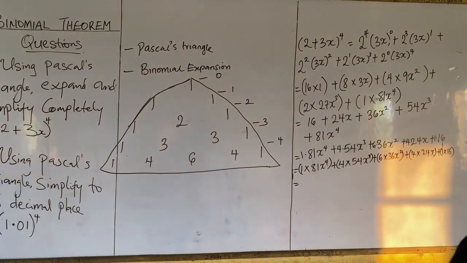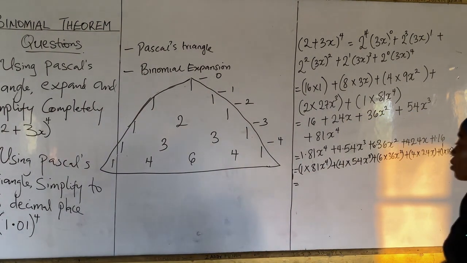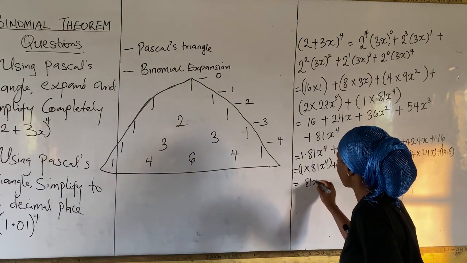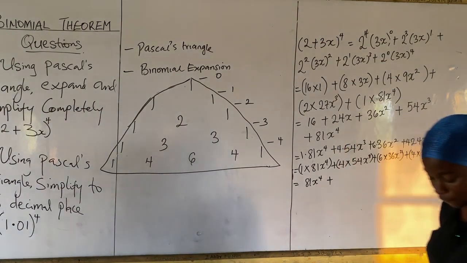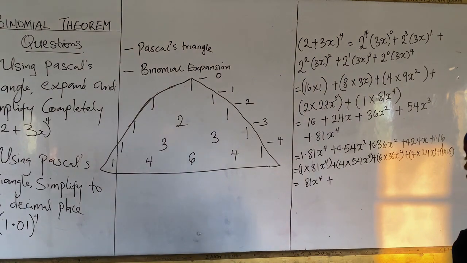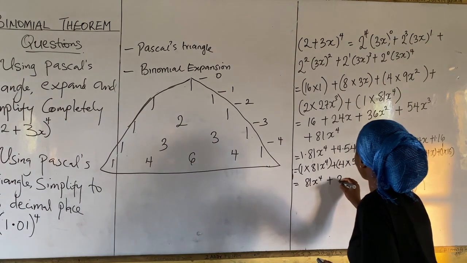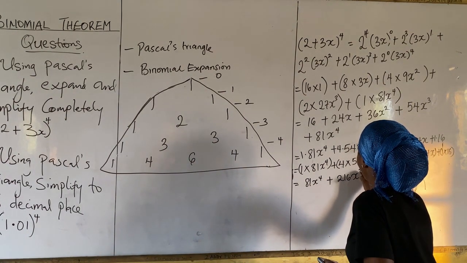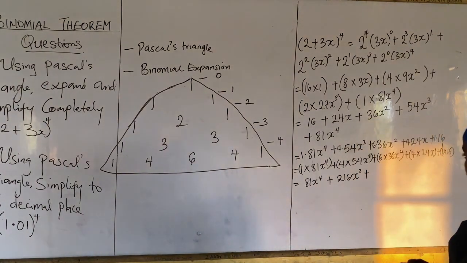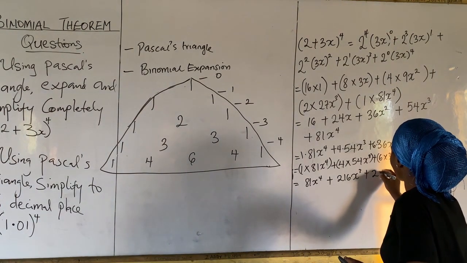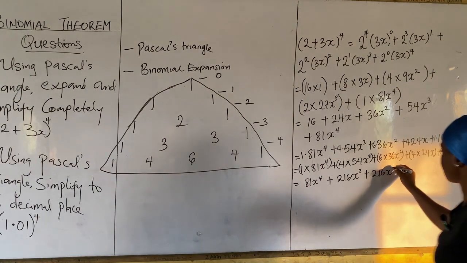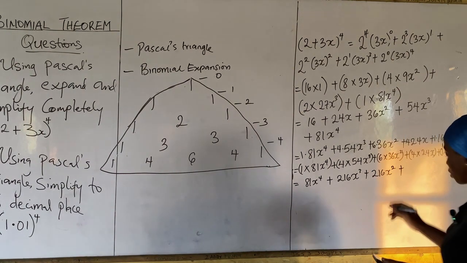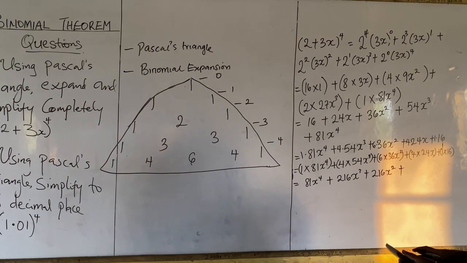So now 1 times 81, I'll be having 81x raised to the power 4 plus now 4 times 54. 4 times 54, that will give us 216x raised to the power 3 plus now 6 times 36, I'll be having 216x raised to the power 2 plus 4 times 24.